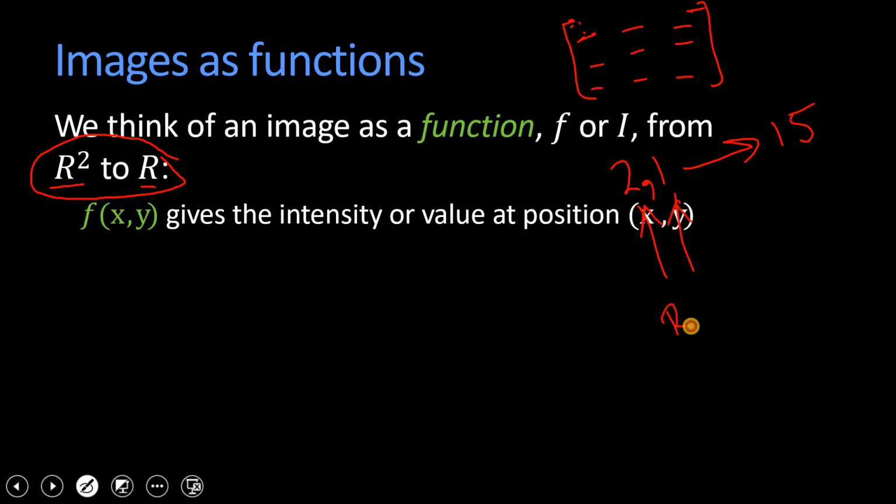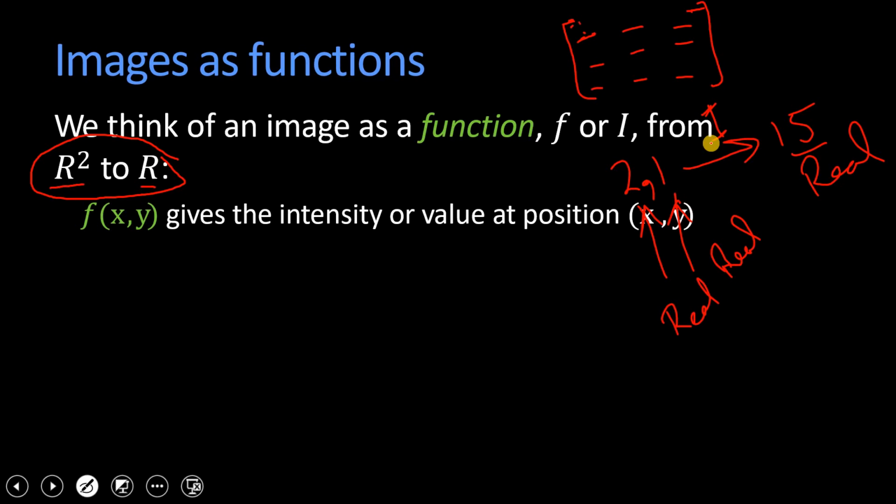R means real number. So you are providing two real numbers, and the output that you get is a single real number. So basically your function, your image, it is mapping, or it is making a link between the two numbers, and it is converting them into a single real number.